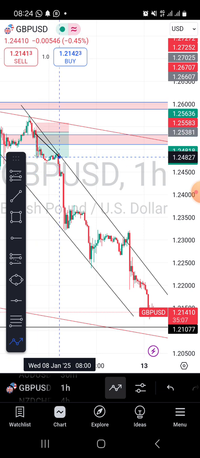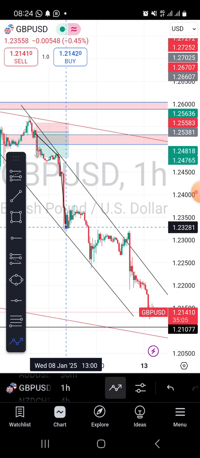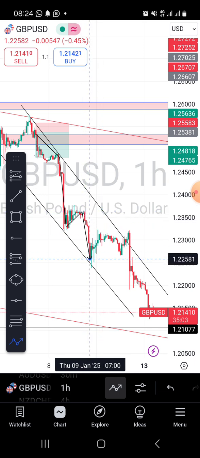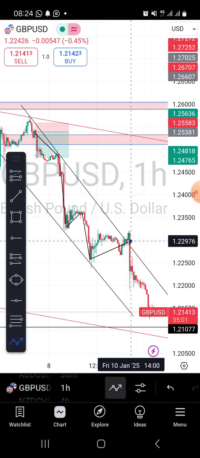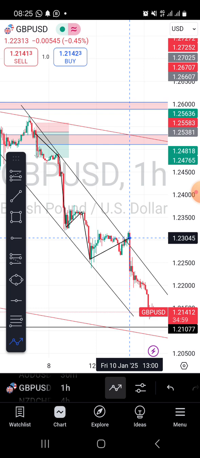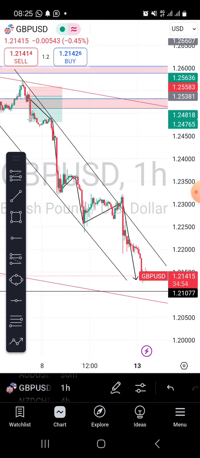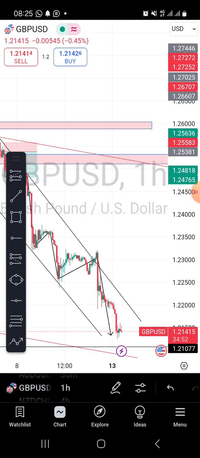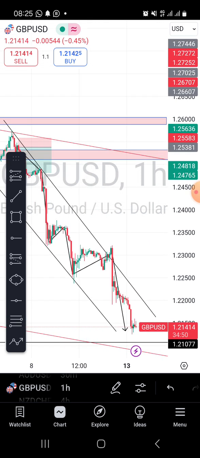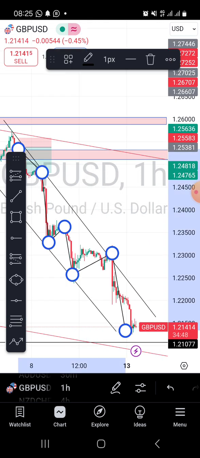Got out here and market still dropped. Then NFP came around here, I think, and still dropped. And I watched all these whole movements because there's no possible entry.